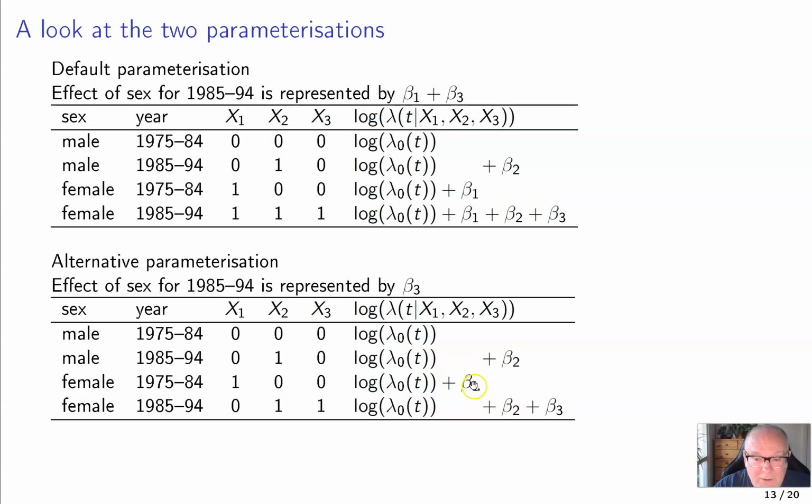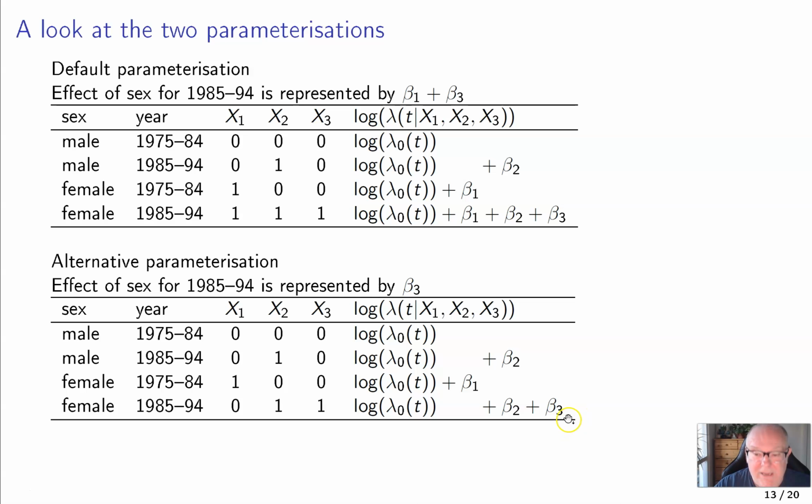So we have one parameter which represents the effective sex for the 0 period, and the effective sex for the period when x2 is 2, the difference between this row and this row, the difference between this and this, is now beta 3.